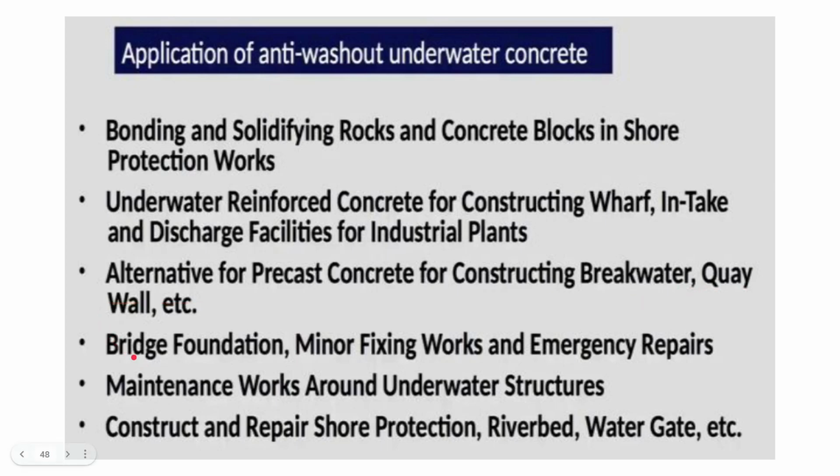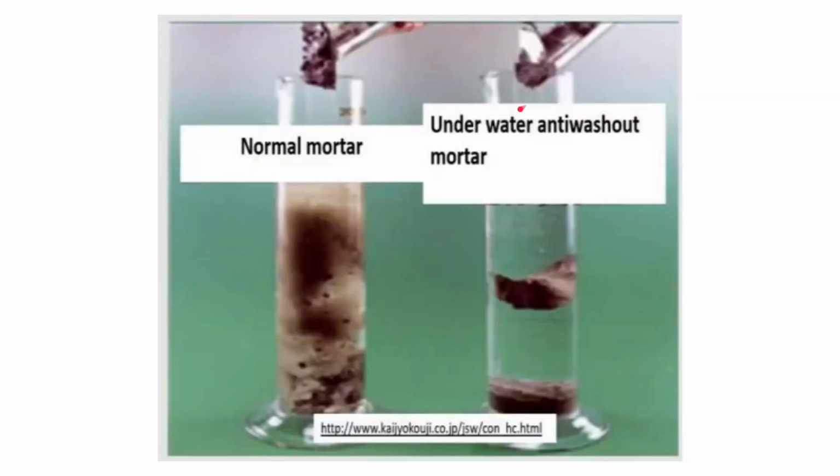It is also used for bridge foundations, minor fixing works and emergency repairs, maintenance works around underwater structures, and construction and repair of shore protection, riverbeds, water gates, etc. All these are the applications of anti-washout underwater concrete.